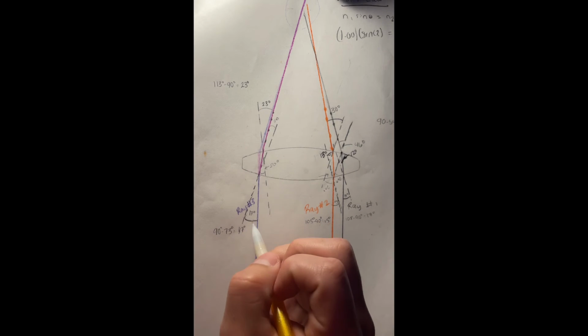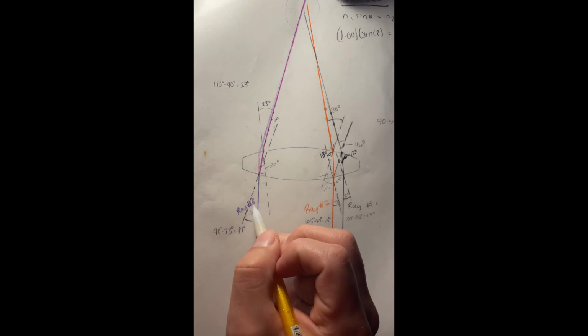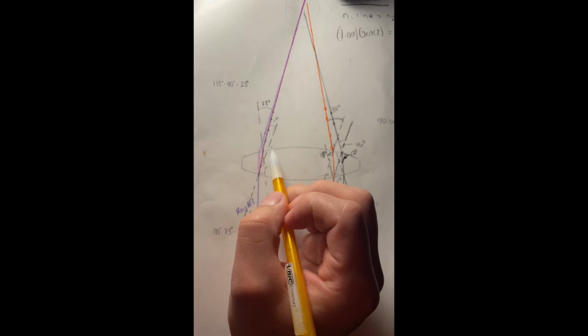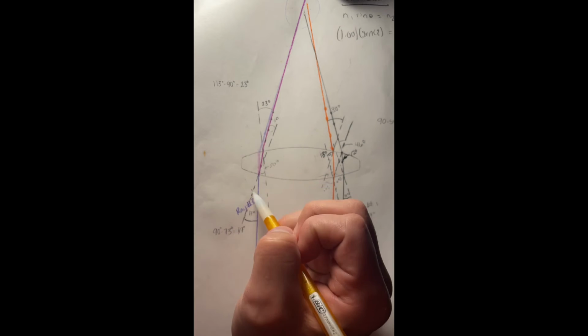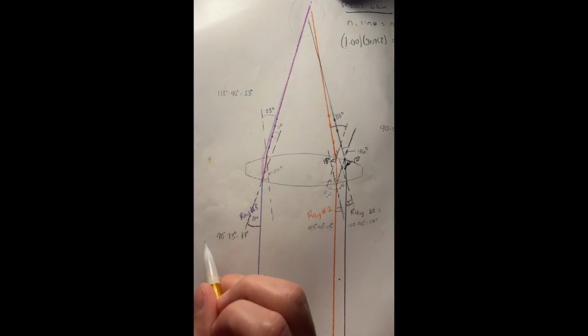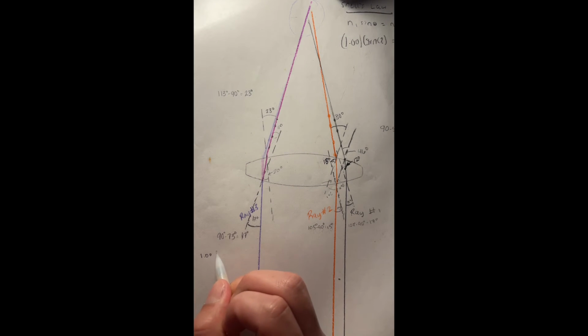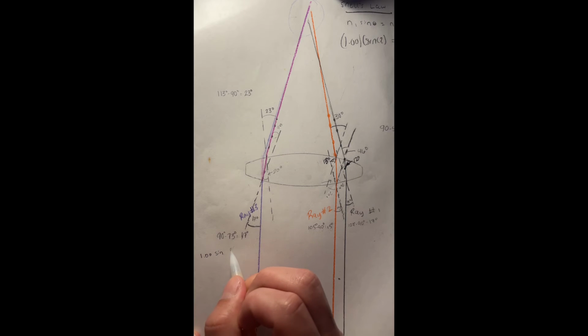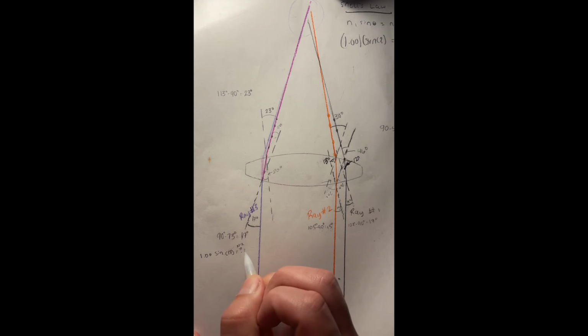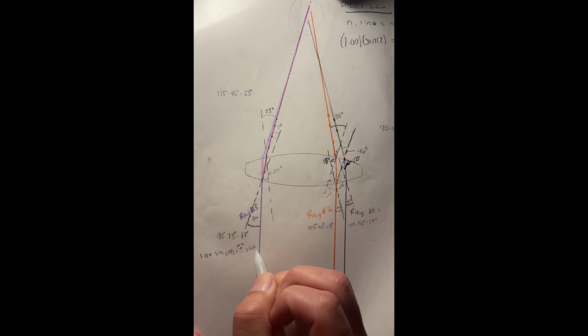So we're going to use this as angle 1, and this will be angle 2, because they both share the same normal line. So we'll do 1.0 sine of 17 equals n2 times the sine of 11.